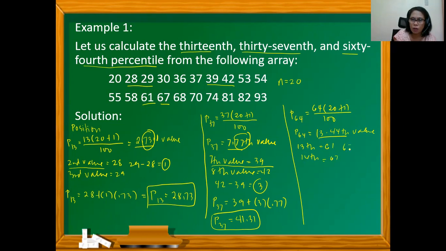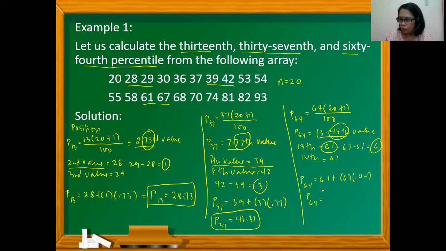And we subtract 61 from 67. So the result is 6. And we will multiply this by the decimal portion of the position and add the result to the lower boundary. So P sub 64, or the 64th percentile, is equal to 61 plus the product of 6 and 0.44. So P sub 64 is equal to 63.64.